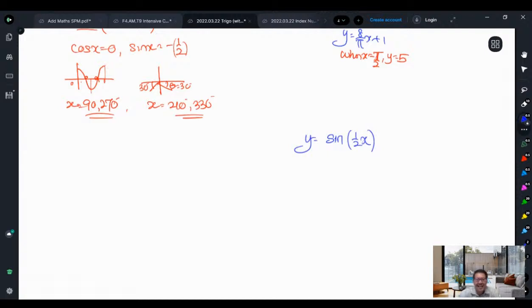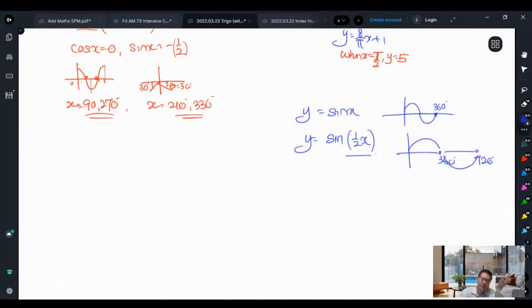So let's start. I will draw y equals to sine x, and it will be 360 degree. The meaning of half is I have only half cycle. Half cycle of 360, I only have half cycle. If I want to make one cycle, that will be 720. So I would need to times 2. So I will get this half cycle.